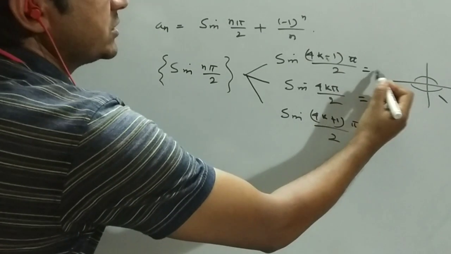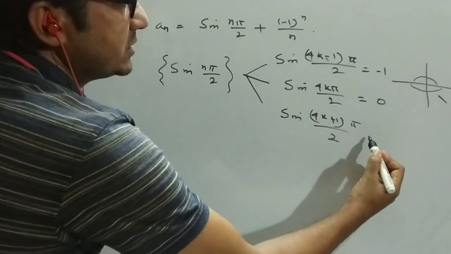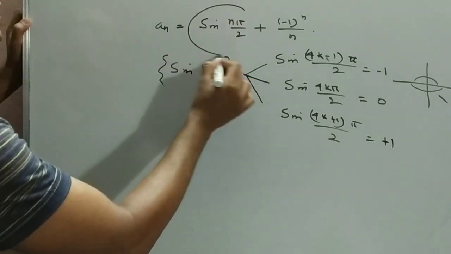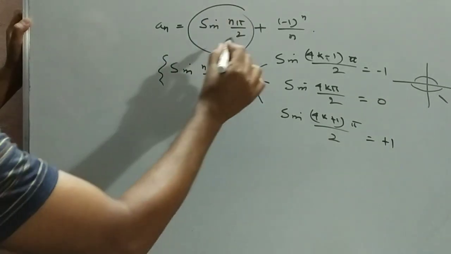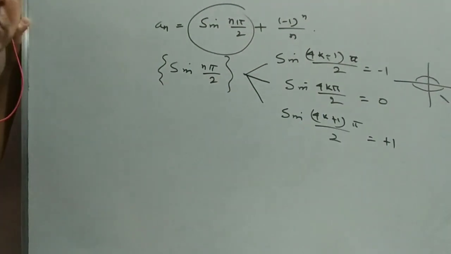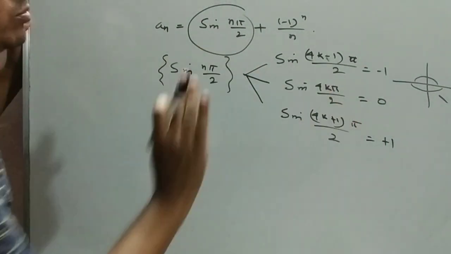So this is minus 1 and this is plus 1. So its three subsequences: one converges to minus 1, another converges to 0, and the last converges to plus 1.